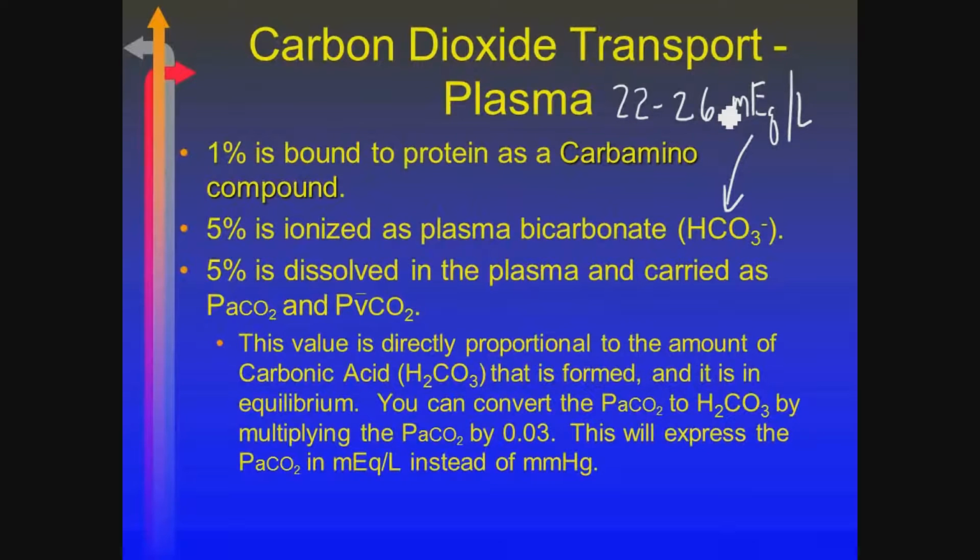That's the normal value for plasma bicarbonate. What units of measurement is this measured in? Millimeters of mercury. Okay. For the arterial, it's 35 to 45.